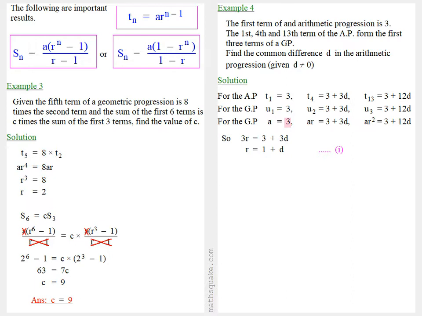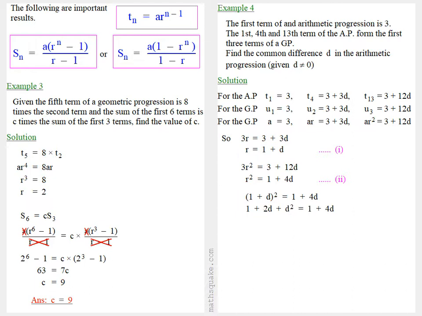Now if we substitute a equals 3 in ar squared equals 3 plus 12d, we get 3r squared equals 3 plus 12d, which means if we divide by 3, r squared equals 1 plus 4d. Call that equation 2. Now in equation 1 we've got r is equal to 1 plus d. So we can substitute in 2 r squared as (1 plus d) squared equals 1 plus 4d.